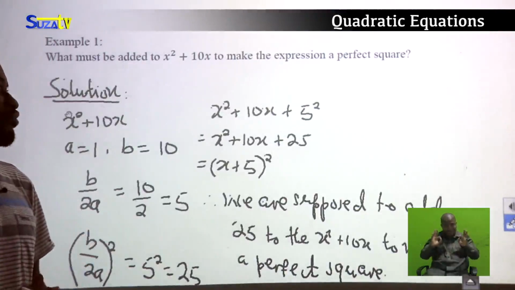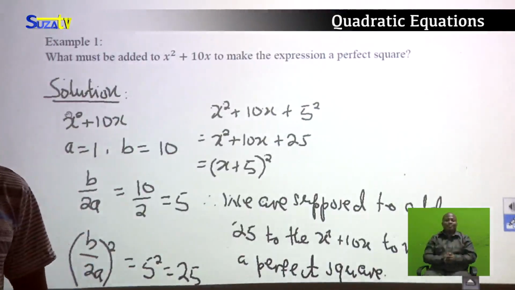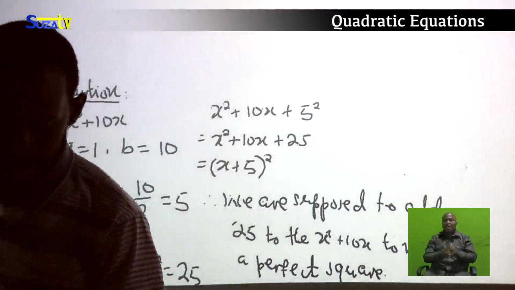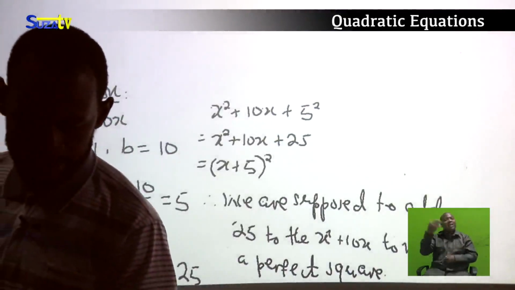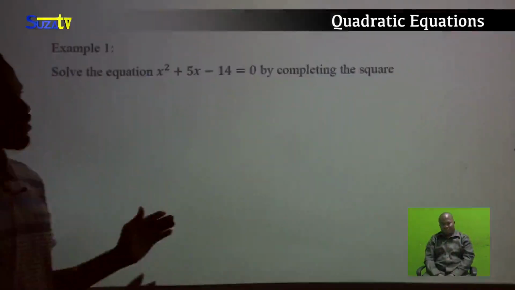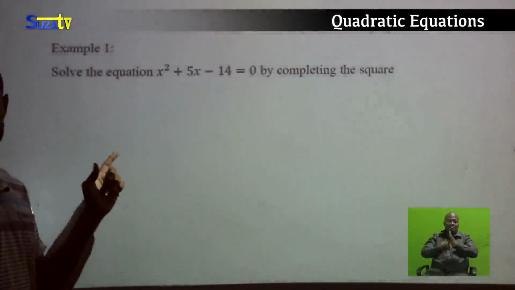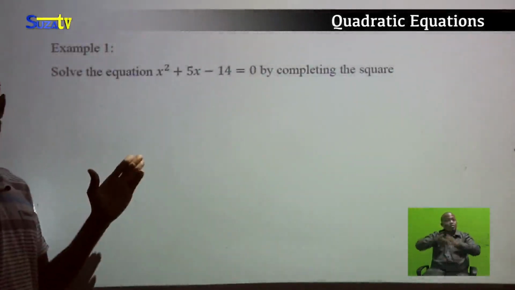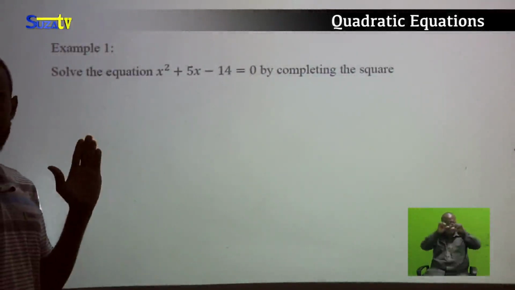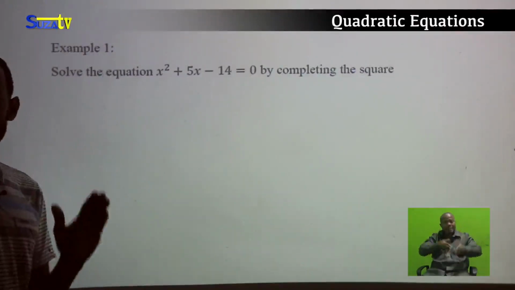Yes. Very good. Now let's check another example. Example number 2. We can solve this quadratic equation by using that method, which is the completing the square method.